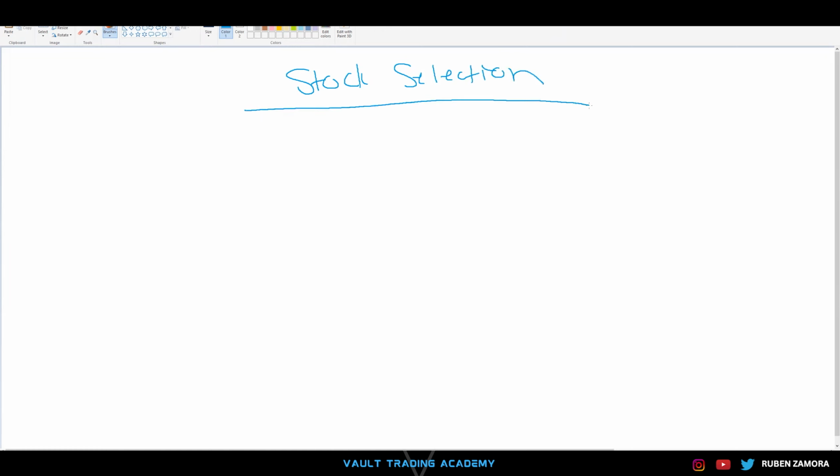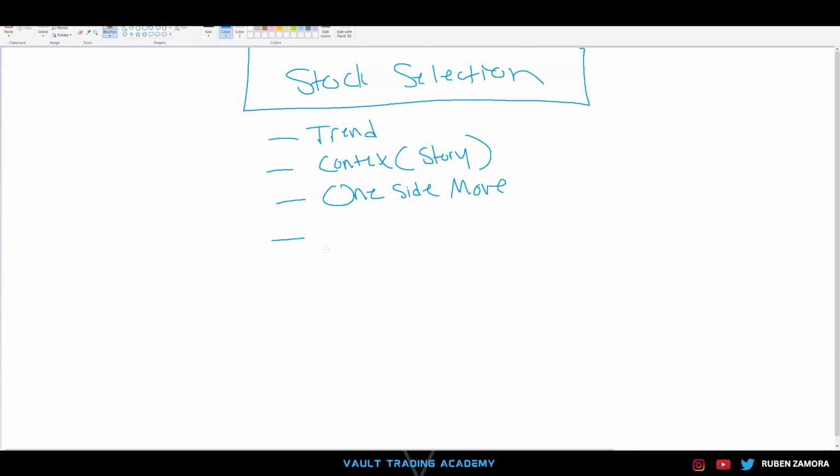And when it comes down to stock selection, I want to see which looks clear, just based off a trend, the context of it, which is the story, and also, does it give me a one-sided move? And does the chart look clear?